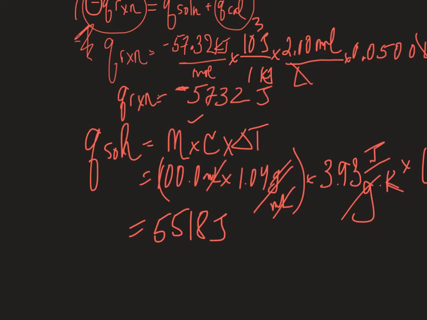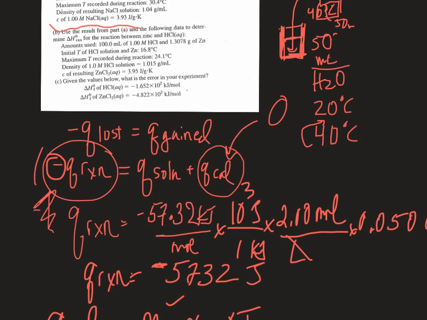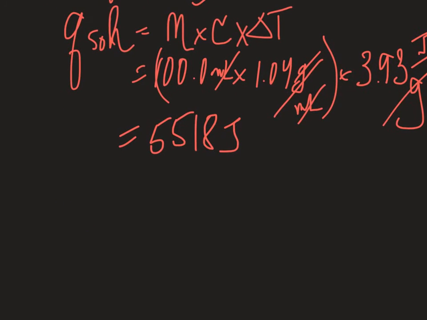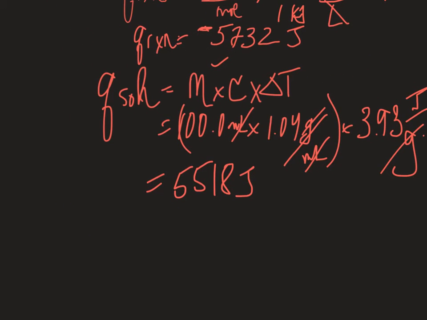Now, there is a difference between my reaction and my solution. And that difference is the amount of heat absorbed by my calorimeter. So here's where I go back to my original equation of minus Q reaction equals Q solution plus Q cal. Minus heat lost equals heat gained. The reaction is losing and the solution and the calorimeter cup are gaining. So let's replug this into our equation. This negative gets accounted for again: negative 5732 joules.